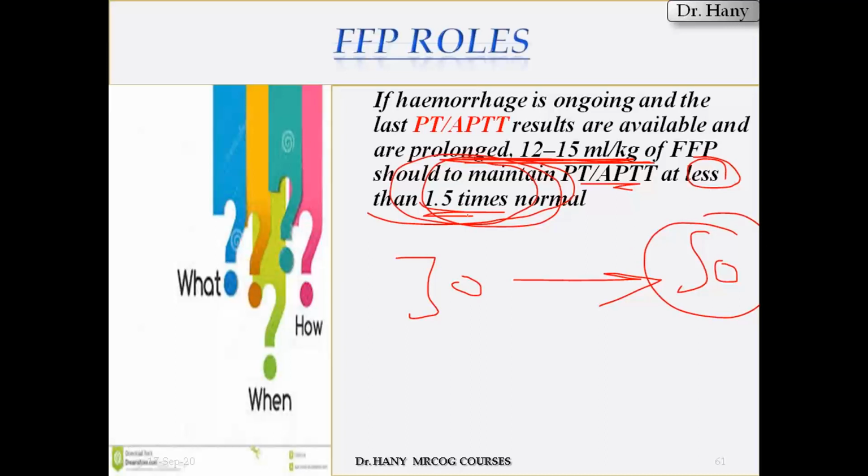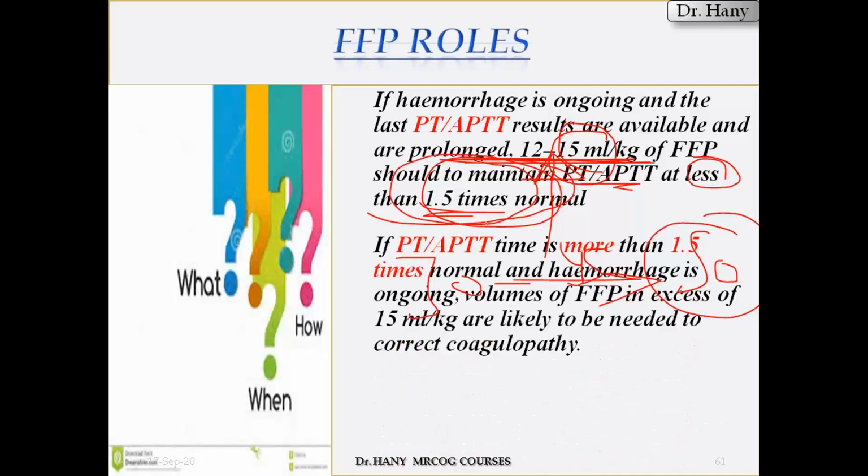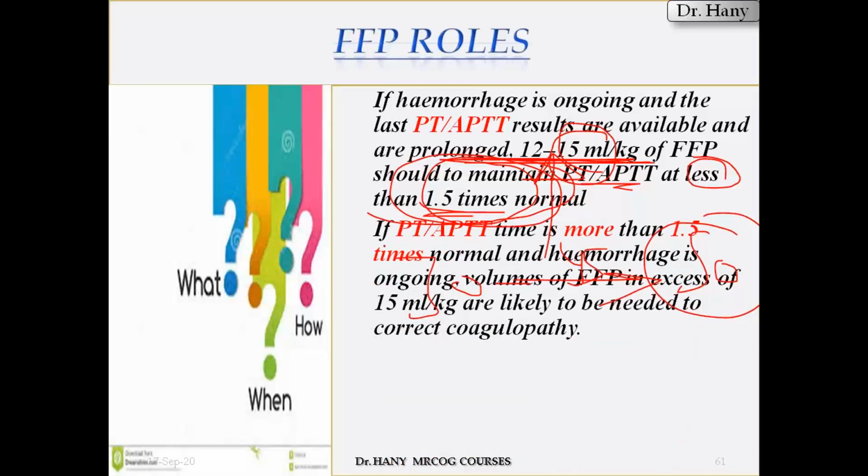If it is between 30 and 45, I will give the specific dose. If it is more than 50, I will give the higher dose. So if the labs are there and more than 1.5 times normal, I will give fresh frozen plasma in excess of 15 milliliters per kg. Does this make sense?